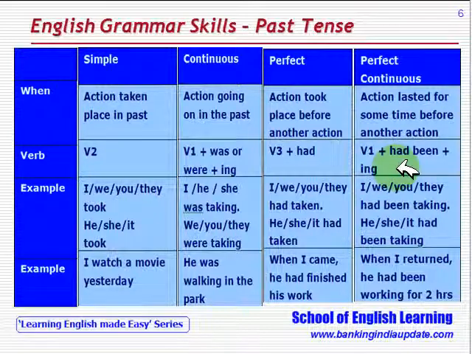For example, I had been taking, we had been taking, you had been taking, they had been taking. Similarly, he had been taking, she had been taking, it had been taking.